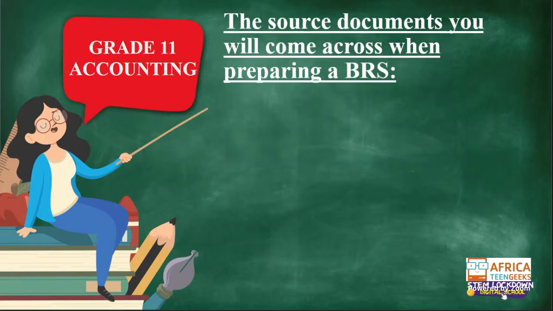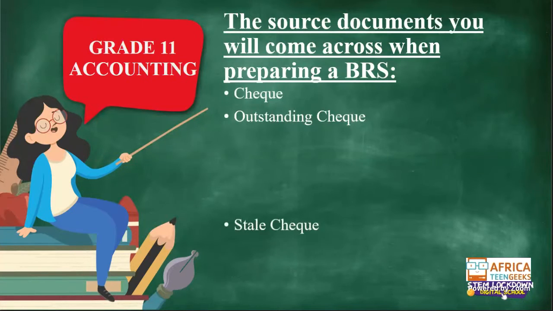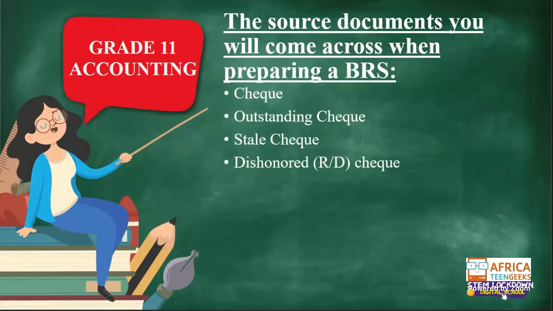The source documents that you will come across when preparing the bank reconciliation statement are checks and also the outstanding checks, the ones I've defined, checks not yet presented for payment. Also the stale check, a check that has been outstanding for a period of 6 months or more, and the dishonored check, or check marked RD.